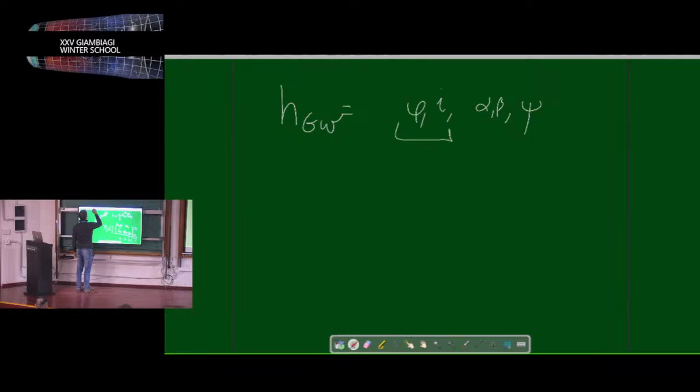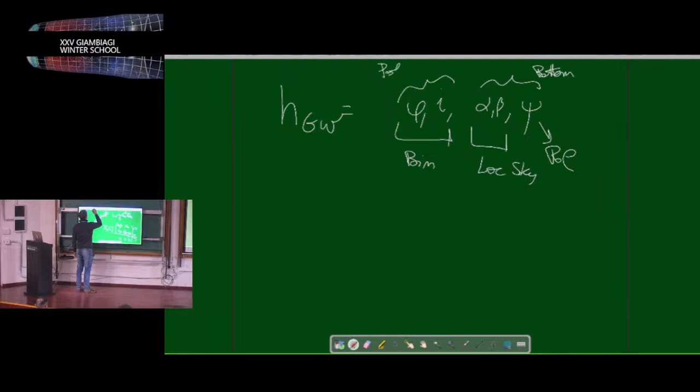So this has to do with the orientation of the binary. This has to do with the location in the sky. And this is the polarization. We have to measure them because they affect the amplitude of the gravitational wave in the way that I told you. These ones enter the pattern function.